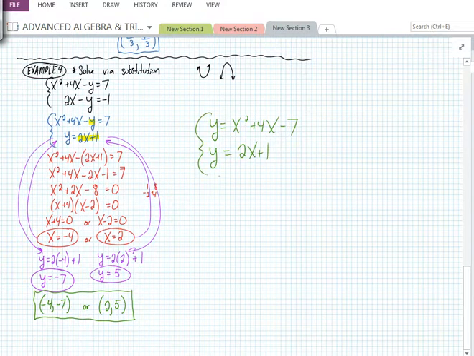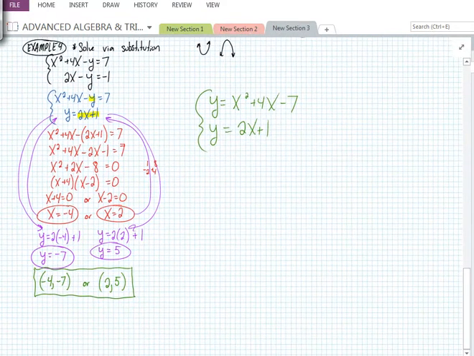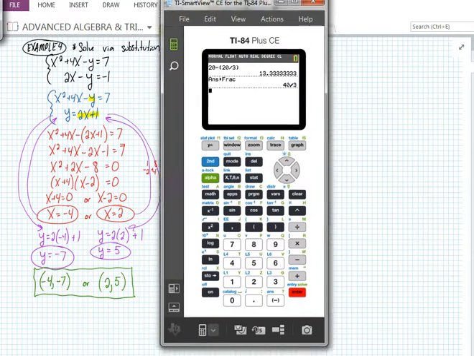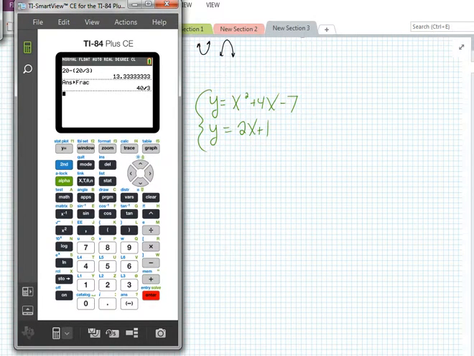Let's go ahead and get our graphing calculators out, ladies and gentlemen. So what we want to do is go into your y equals. I know that for some of you this is entirely new, or you just saw it the other day. But remember your variable, so you're going to type x squared plus 4x minus 7.